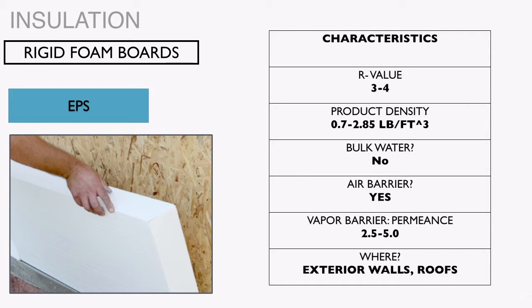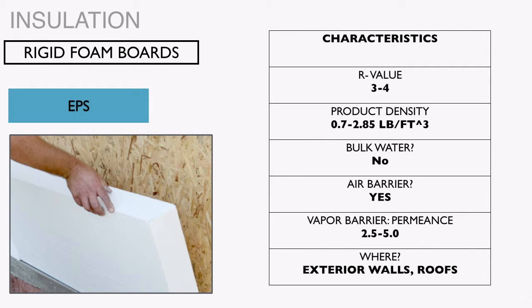It shouldn't really be used to control bulk water. And the reason we're saying that is the EPS material itself has beads of EPS. It allows for water to sit in the material between the beads, while the water would not penetrate into these beads or cell forms of the EPS.